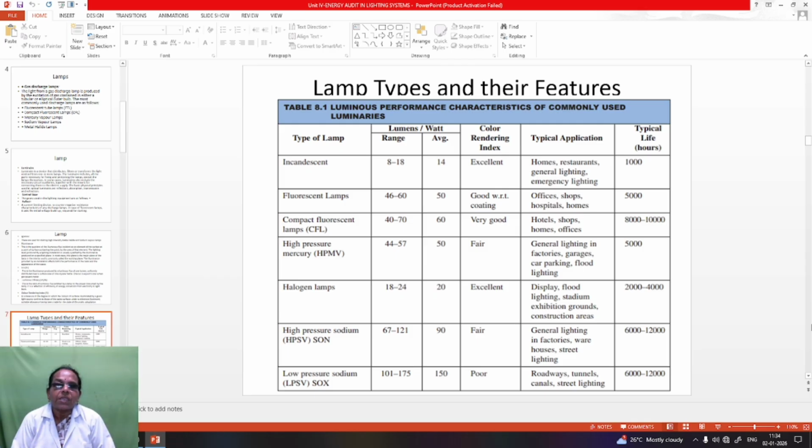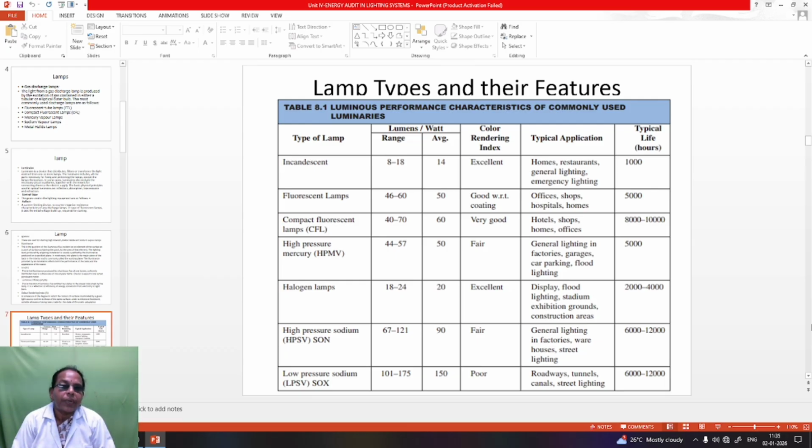Then high pressure sodium, that is HPSV, has a range of 67 to 121 watts, with an average of 90 watts. Its color rendering is fair and it is applied in general lighting in factories, warehouses, street lighting. It has a lifetime of 6000 to 12,000 hours.